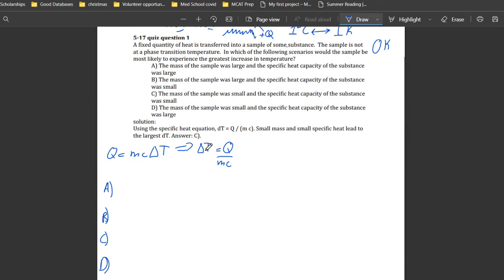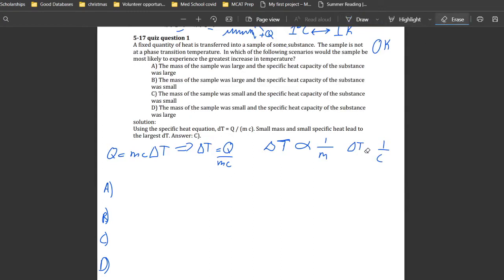So we can see that the change in temperature is inversely proportional to both the mass of a compound and the specific heat of a compound.